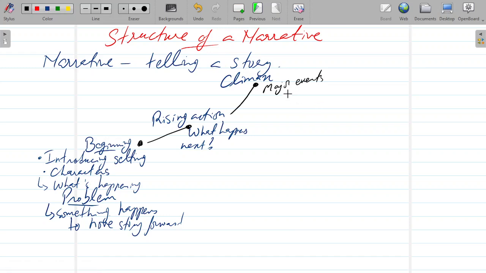Then it's not over. From there, you're coming down, and that's called the falling action. Let me change colors. So after the main event, right, after the major events, how is the story sort of coming to a conclusion?